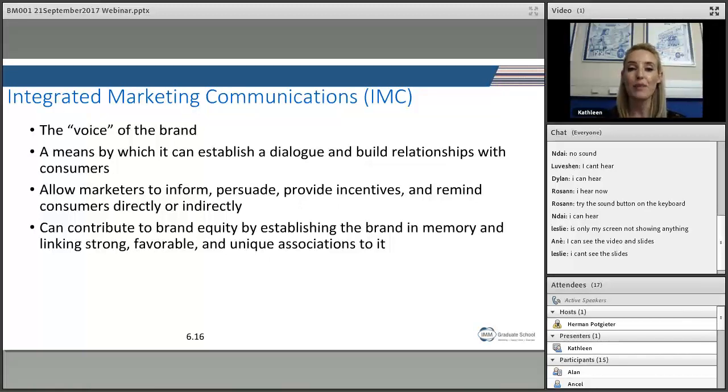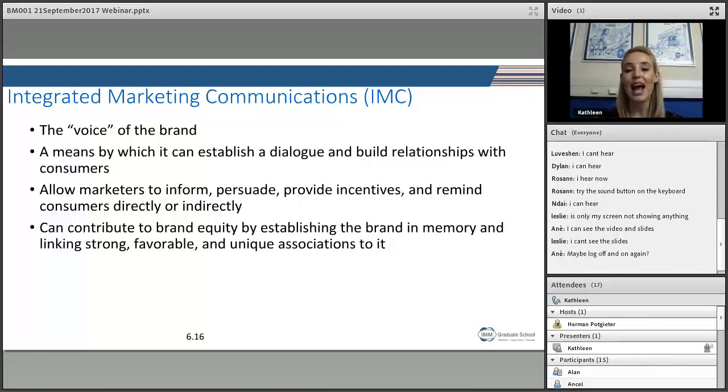And this is a means by which we can open a dialogue or two-way communication with our customers and build relationships with them. Integrated marketing communications will allow our marketers to inform, persuade, and remind our customers, and also to provide them with incentives via our sales promotions so that hopefully they will become more supportive of our brand.